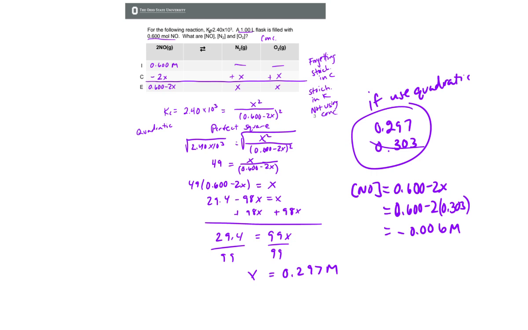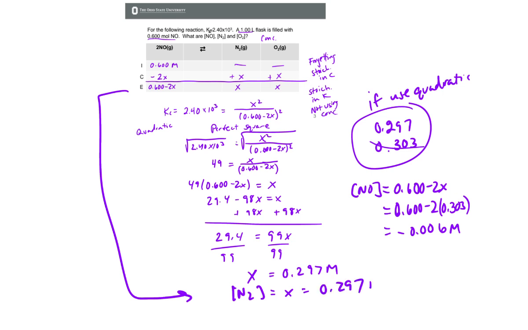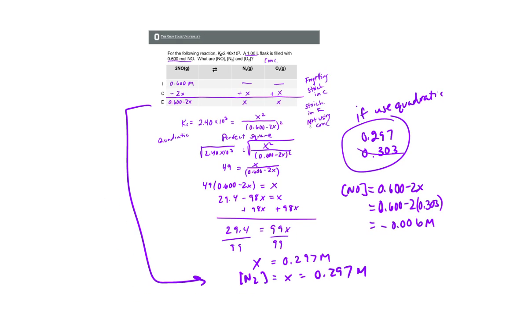Okay, so we figured out that x is 0.297. So we'll look back at our equilibrium line, and we'll find that the concentration of N2 is x at equilibrium. So that means it is 0.297 molar, as is the concentration of O2.